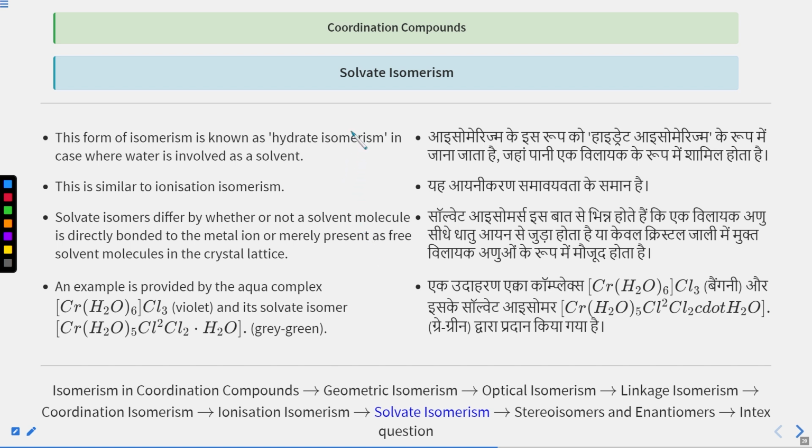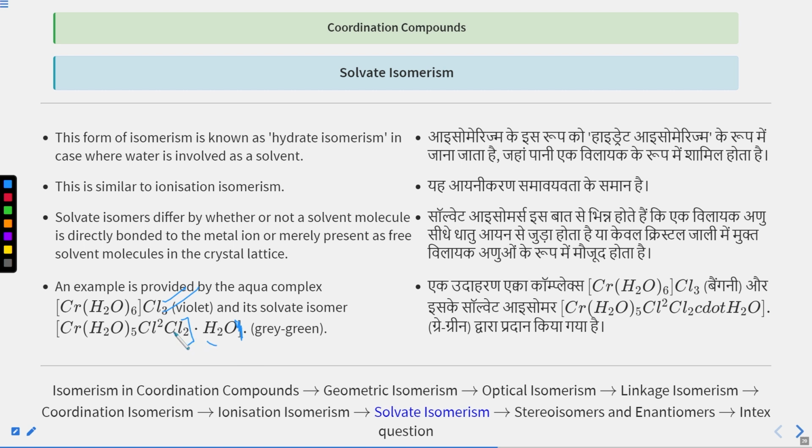Next is solvate isomerism. Now, how does this solvate isomerism arise? It basically arises due to H2O. It is very clear from the word solvate. So what do we do? We hydrate it, right? So for example, we have this. Next, this bracket will be here, not here.